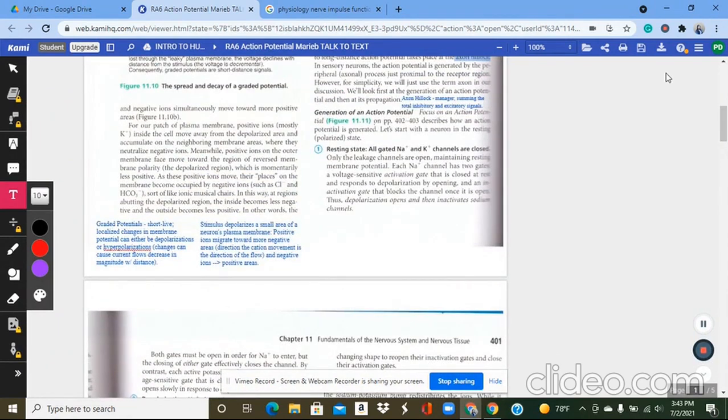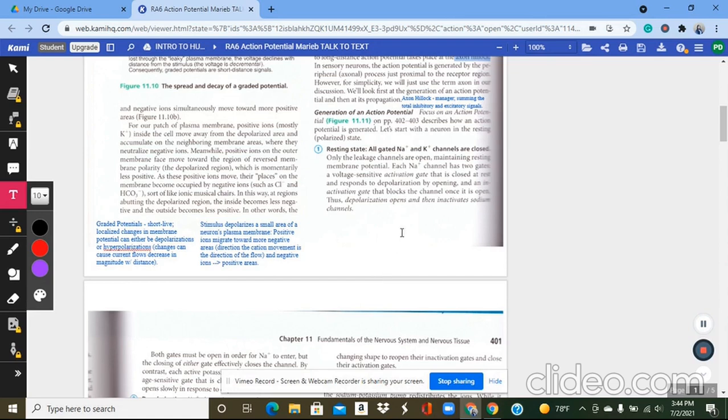So number 1, a resting state. All gated sodium and potassium channels are closed. Only the leakage channels are open, maintaining a resting membrane potential. Each sodium channel has two gates, a voltage-sensitive activation gate that is closed at rest and opens in response to depolarization, and an inactivation gate that blocks the channel once it is open.